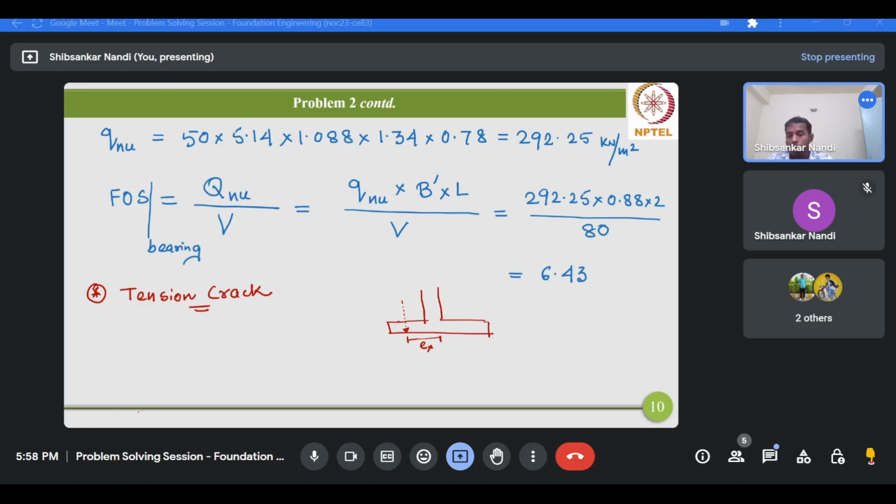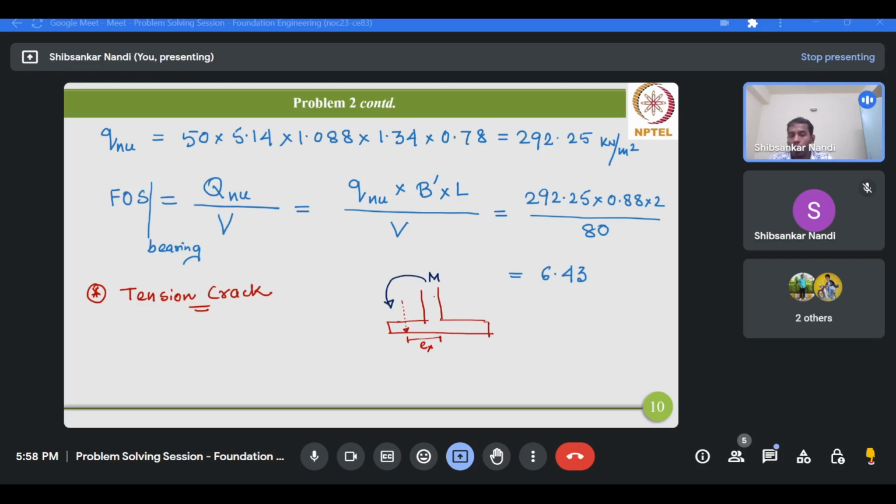Therefore, you will not have only the axial load. In addition to the axial load, you will have some moment. Why? Because the eccentricity multiplied by this vertical load will give you some moment about this vertical axis which is passing through the CG of the cross section, the center of the footing.